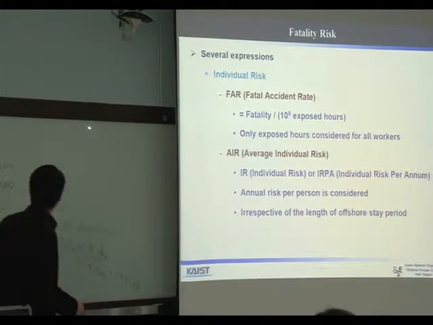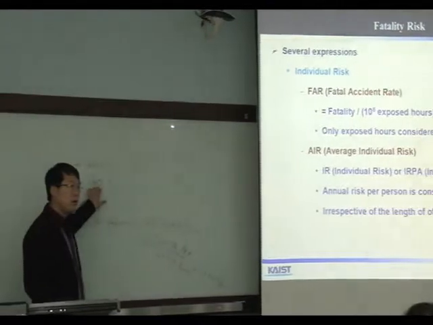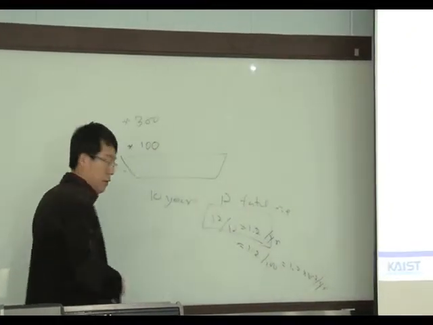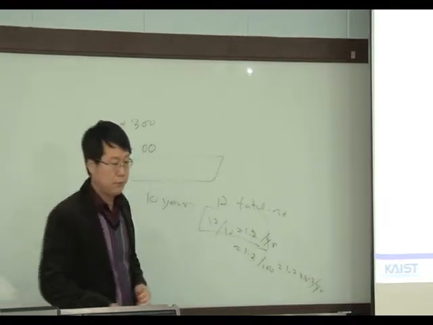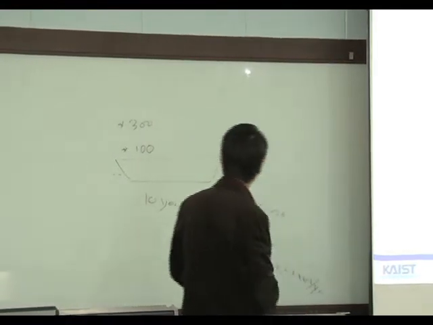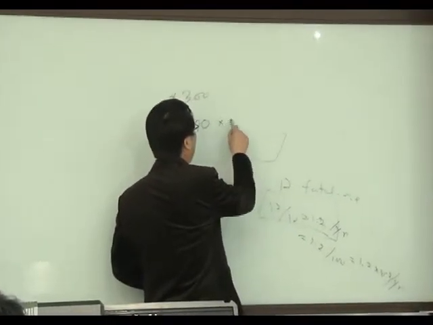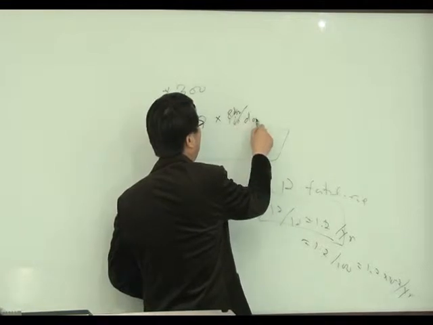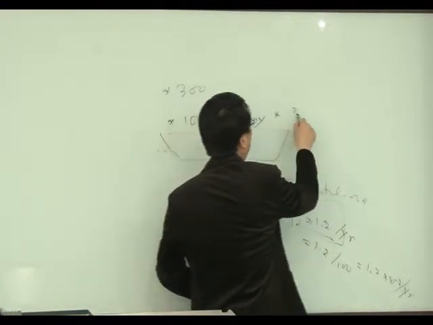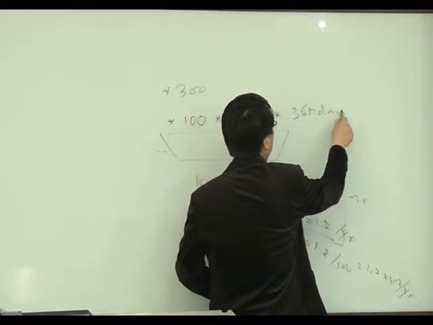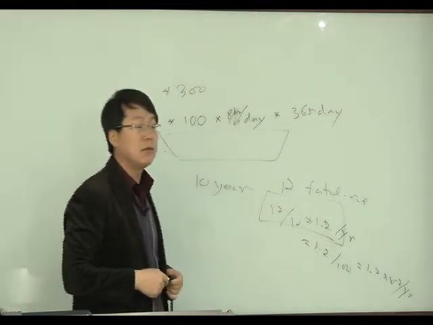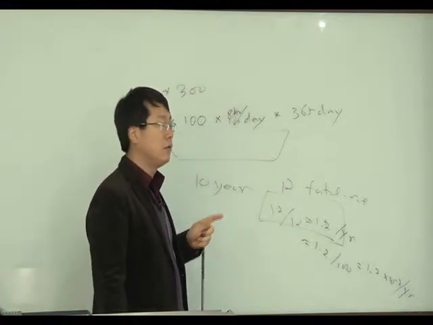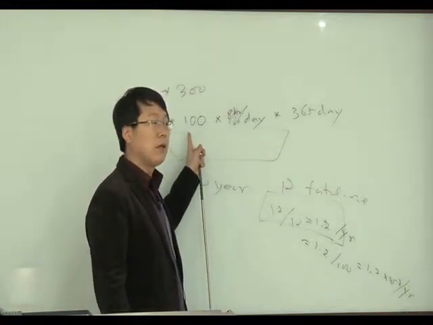What I mean is that there are 100 people here. What is the working hours per year? They will work 8 hours per day times days. This is the working hours for these 100 people.